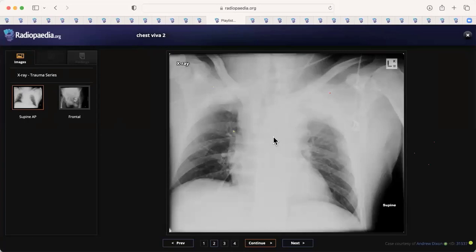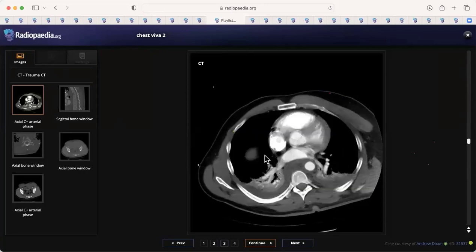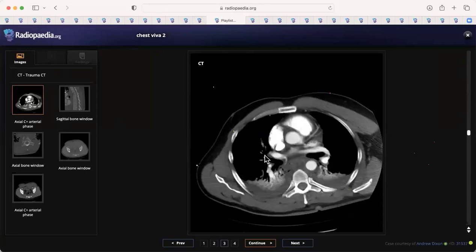Again, aortic injury is the top differential here. But when we went to the CT, we looked at the aorta and said, oh, the aorta looks okay. So I need to think of other causes of apical capping, which in this case was the vertebral fracture and the mediastinal and extrapleural hematoma.